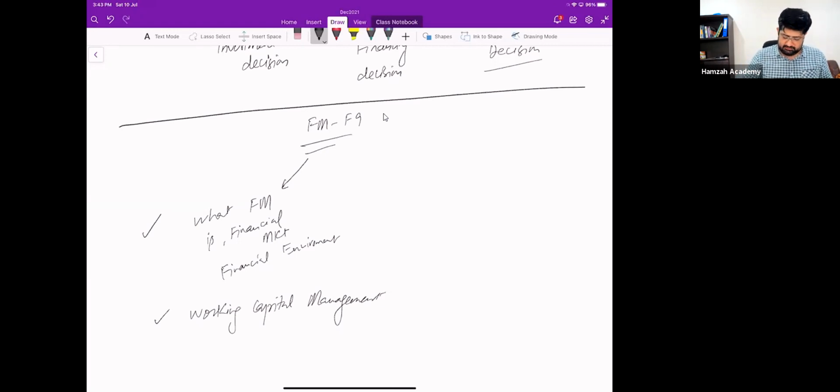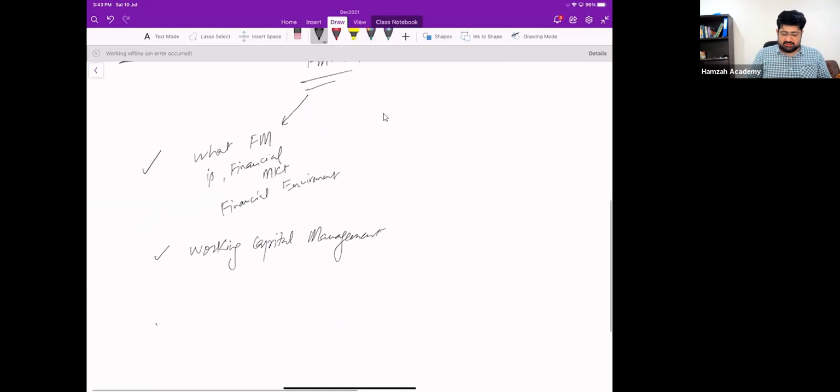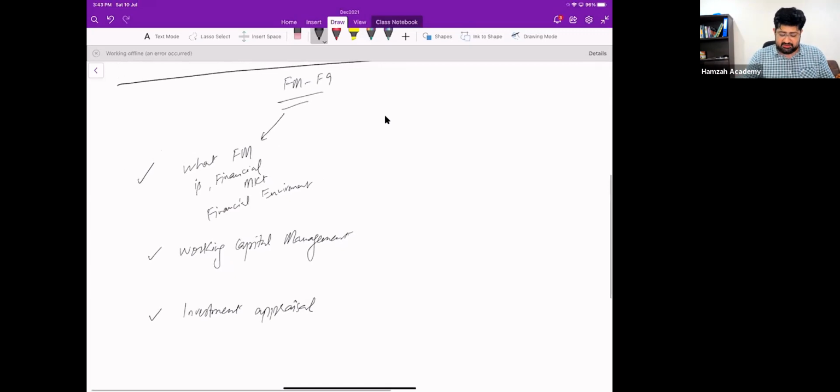Third matter is investment appraisal. A major portion of our syllabus is investment appraisal. Fourth point, which is the fourth area, is business finance.